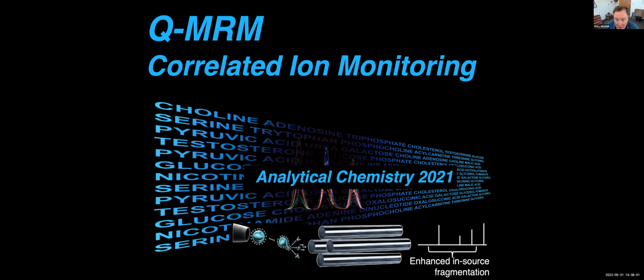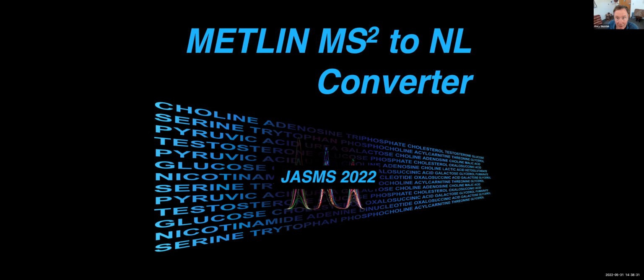And then we ultimately applied it to a single quad where we developed a program called correlated ion monitoring that allowed us to use the in-source fragments to treat a single quad like it would be a triple quad, and get very good quantitative accuracy, very similar to what you could expect with a triple quad. So, like I said, it is a personal favorite.